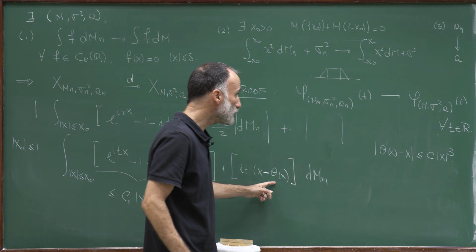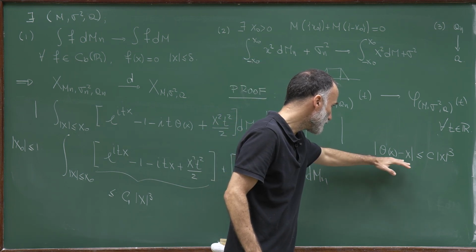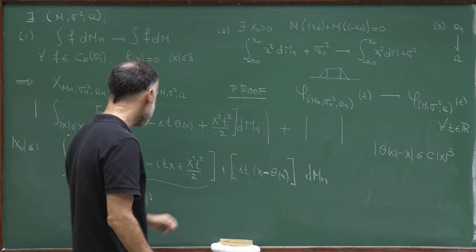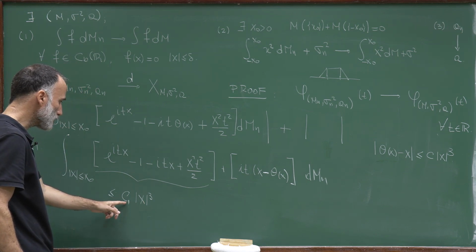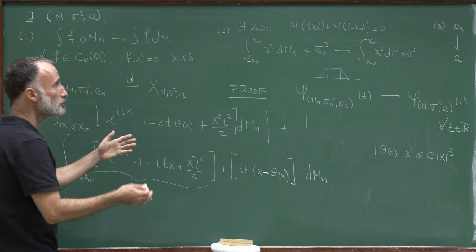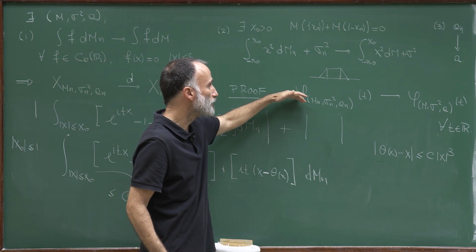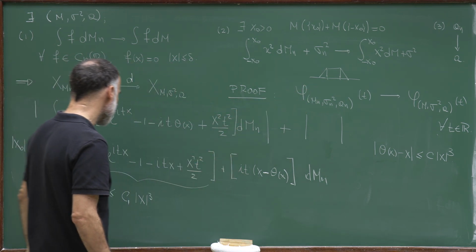And for the same reason, by this assumption, we know that this expression is bounded by |x| cubed. And here I'm allowing the constant C1 to depend on t because t is fixed. What we need to prove is that this holds for all t, but t is fixed, so I don't care about that.